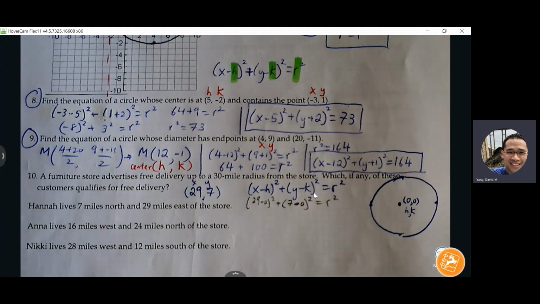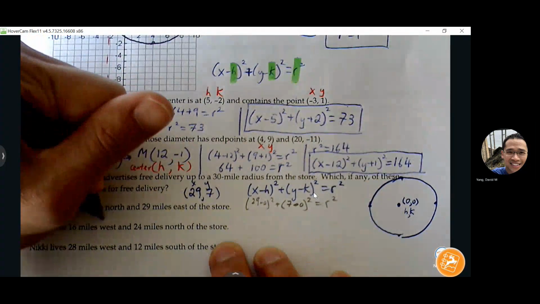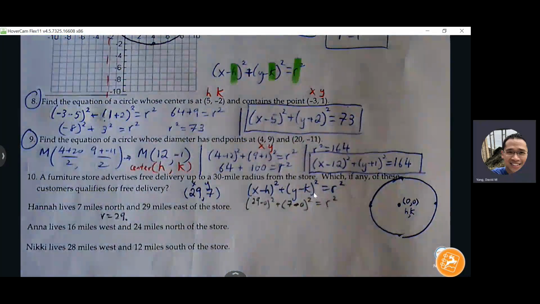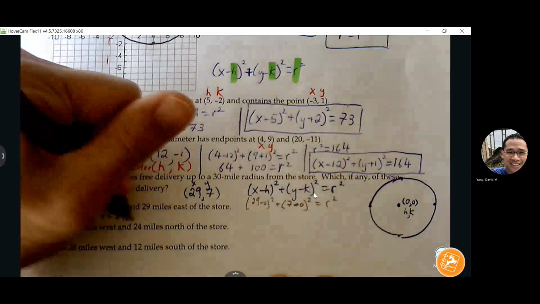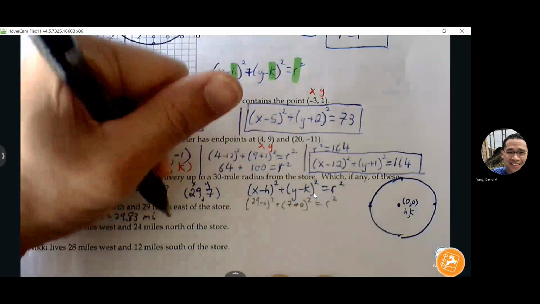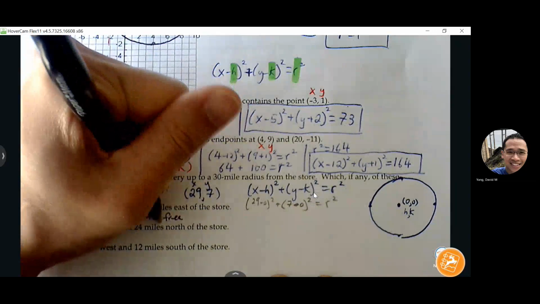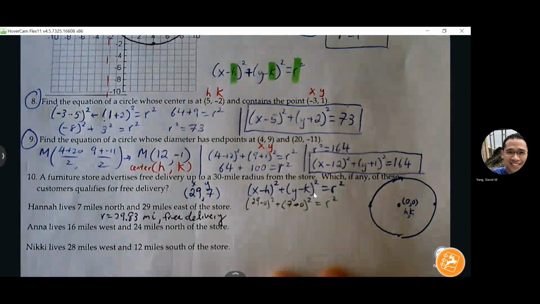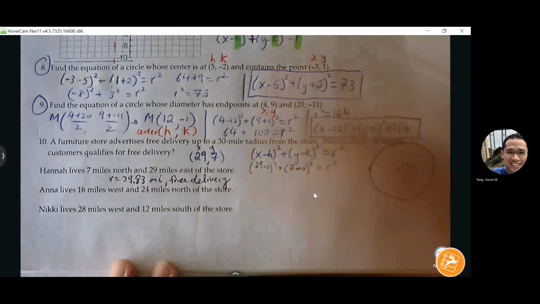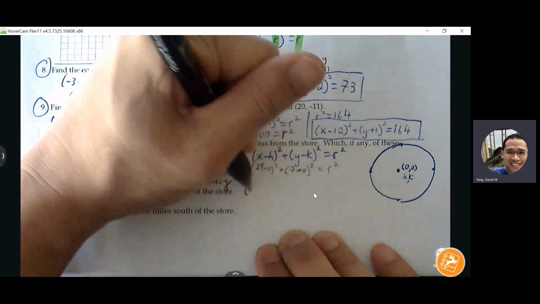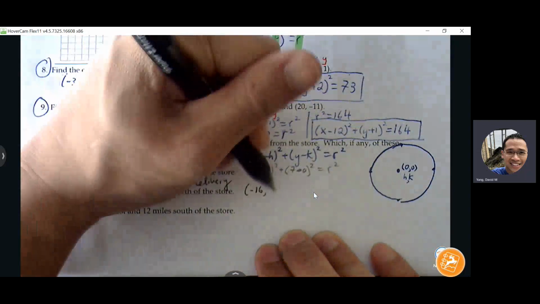So that is within that 30-mile radius. Anna lives 16 miles west, that's negative 16, comma 24.